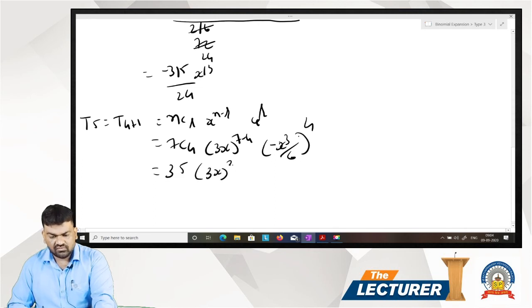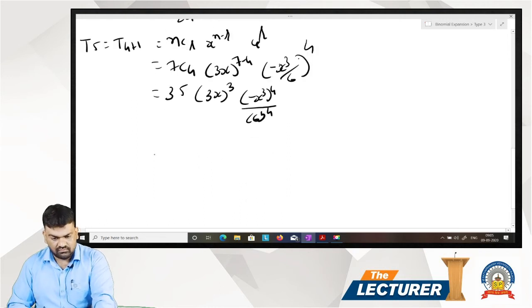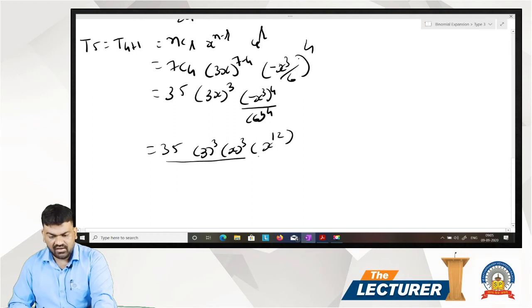3x raised to 3, (minus x cube) raised to 4 divided by 6 raised to 4. 35, 3 raised to 3, x raised to 3, minus x cube raised to 4 becomes plus, because the sign is odd, the power is even, that is x raised to 12 divided by 6 raised to 4.